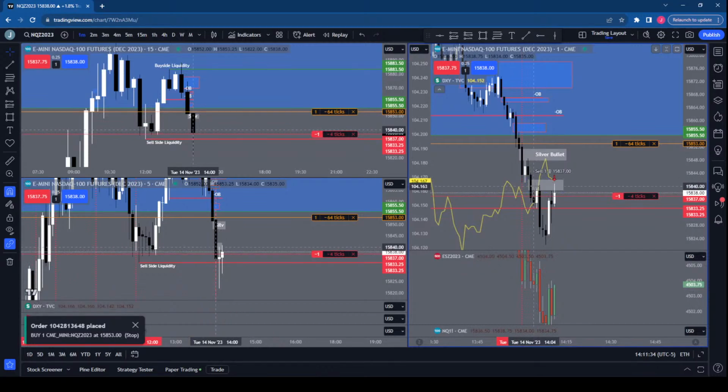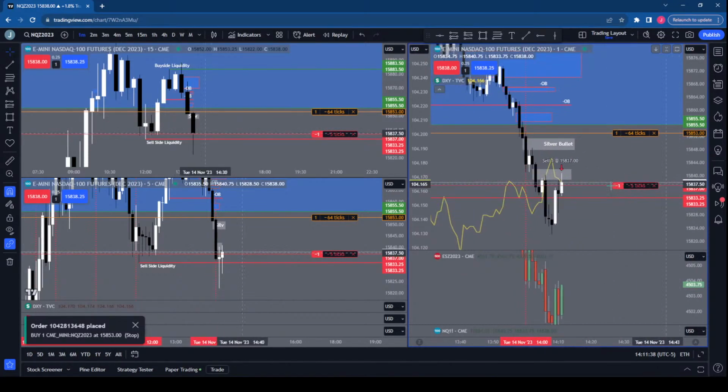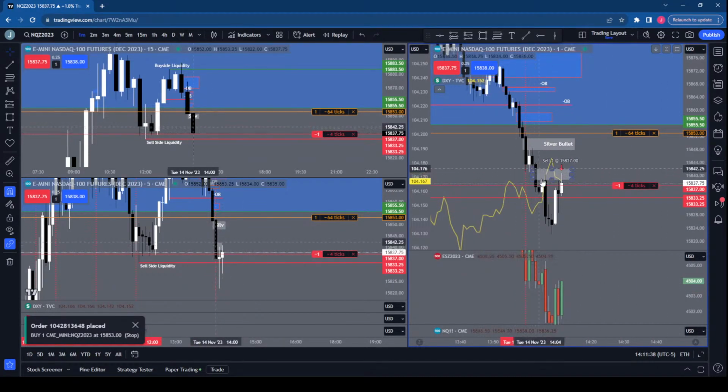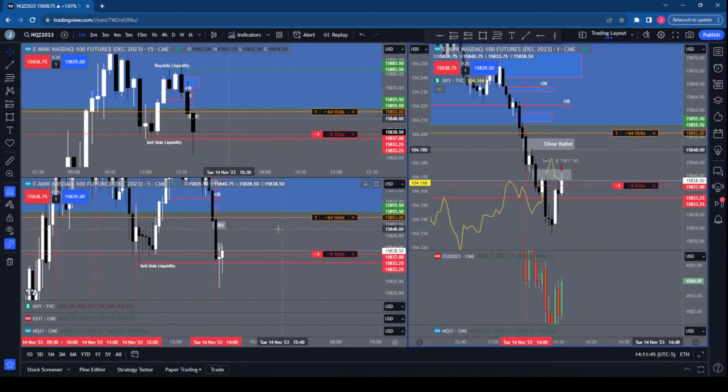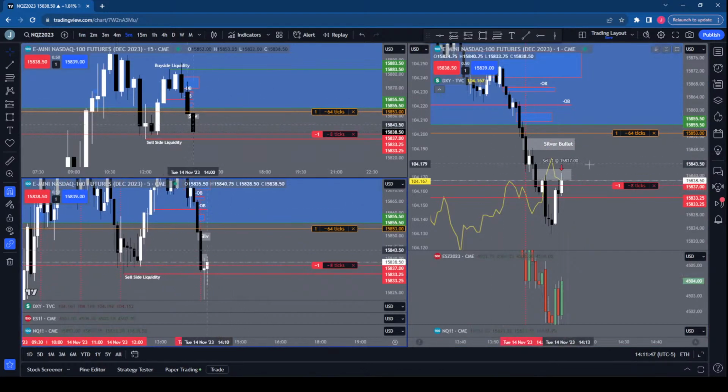So stop placement, I'm gonna try and use 3 PD arrays on this one. I'm gonna use this fair value gap, this as an order block, and then this silver bullet right here. This fair value gap.